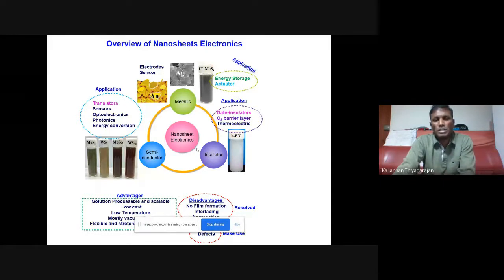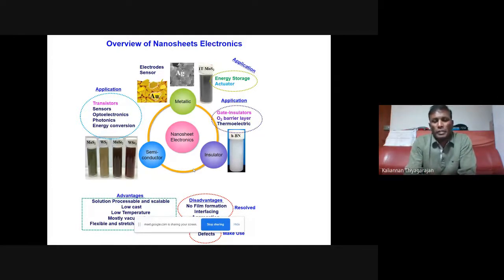Printable electronics is not at all possible with those techniques. That's why nanosheet electronics attracts more, because it can be used for printable devices, as it can be formed as an ink type material, and it can be scalable.